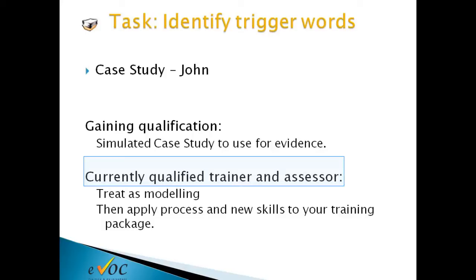Now, if you're currently a qualified trainer and assessor, it's important that you use this as modelling the steps, as the process, because I would like you, please, to supply as your final evidence the identified trigger words from the training packages that you work with.